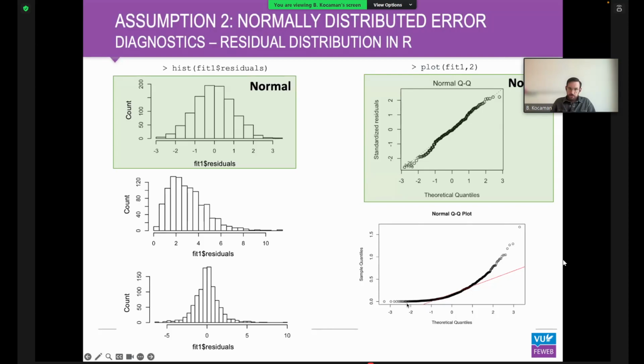Deviations from that, like this, so this is the 45-degree line again, and your residuals are showing this kind of pattern, which is then not normal, okay? So you will also play with this in the assignment, but it is important to know what is normal and what is not normal from a QQ plot or a histogram.